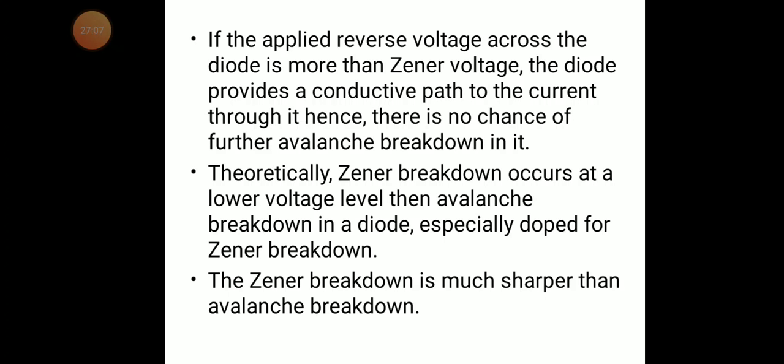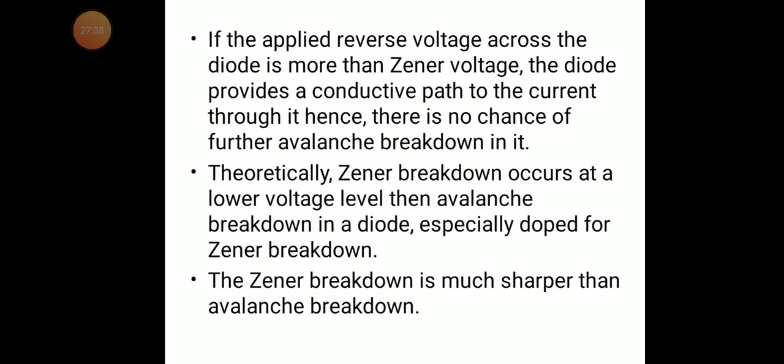Theoretically, the Zener breakdown occurs at a lower voltage level than avalanche breakdown in a diode especially doped for Zener breakdown. As I already mentioned, Zener breakdown occurs at lower voltages because it is a highly doped PN junction diode. But avalanche breakdown occurs in a normal PN junction diode, which does not have high doping.